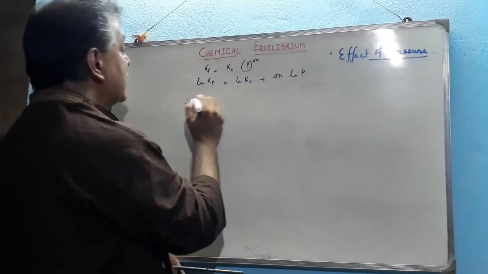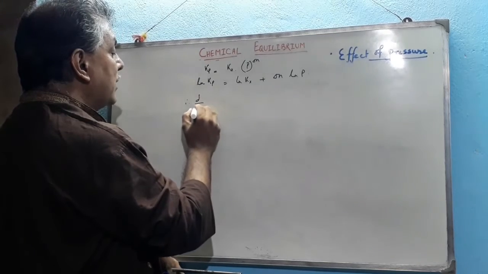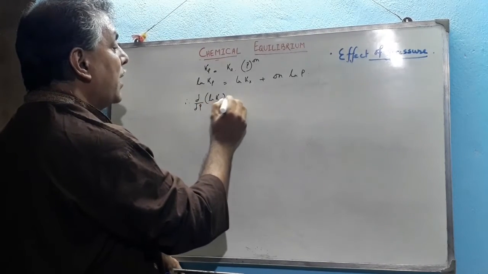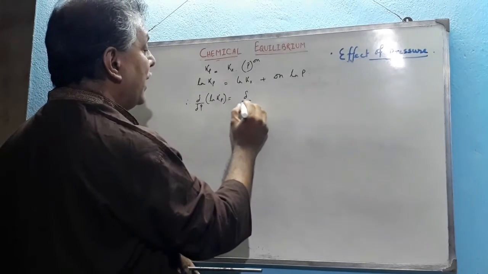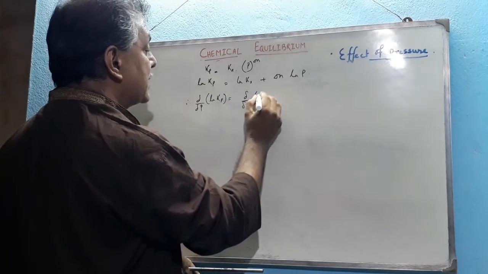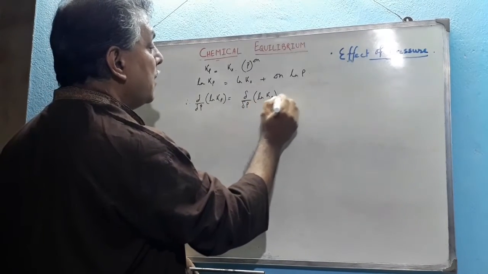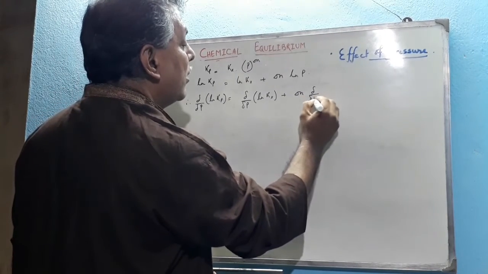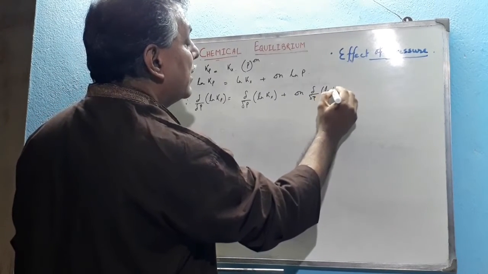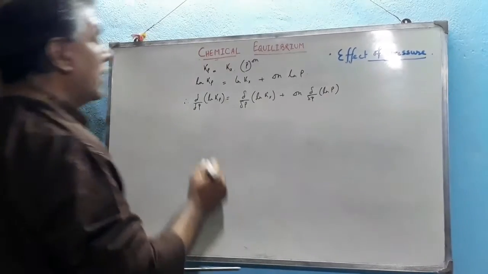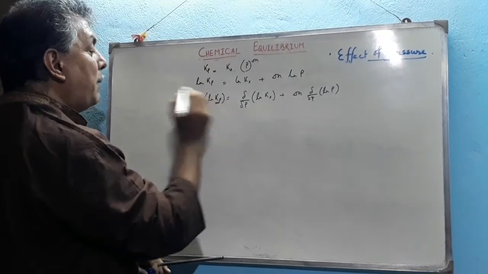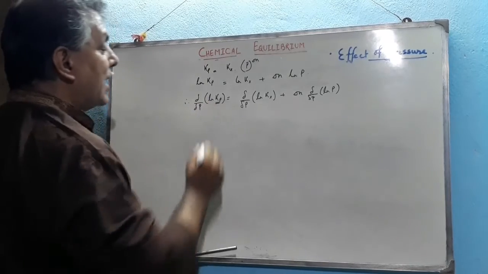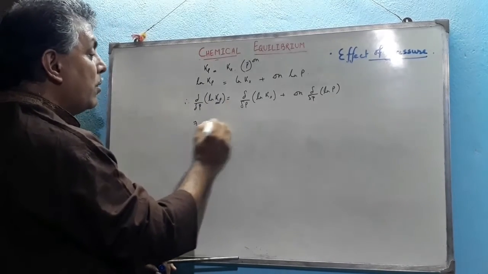Now, if it is differentiated with respect to P, ∂/∂P of ln Kp becomes ∂/∂P of ln Kx plus ∂/∂P of ln P. Since Kp is constant, when ln Kp is differentiated with respect to pressure, it becomes 0.